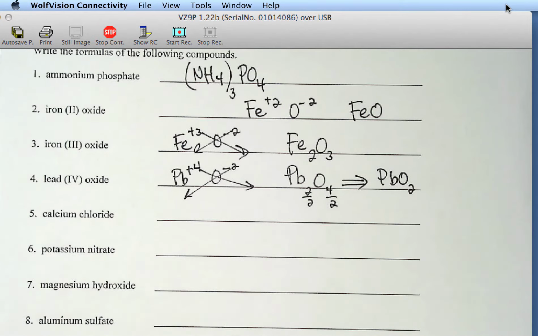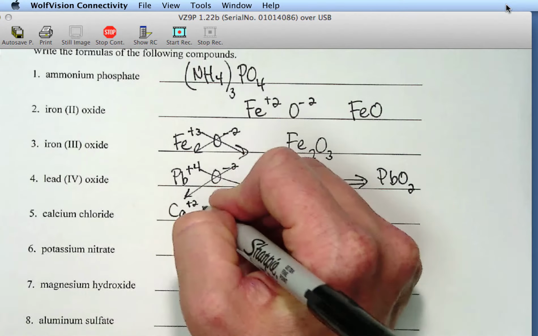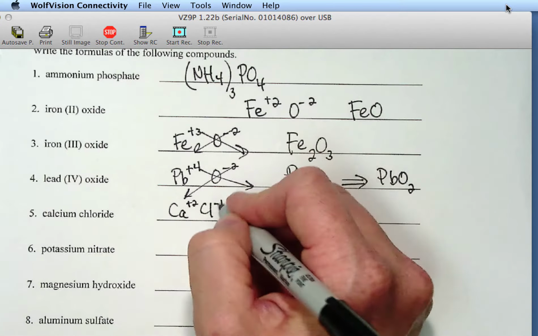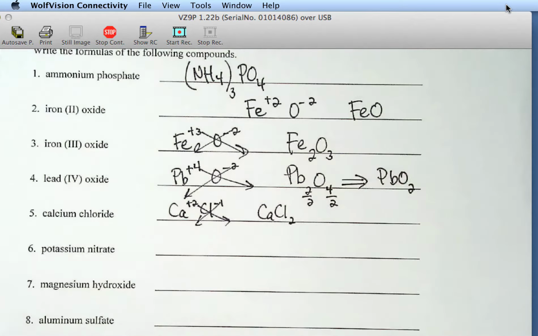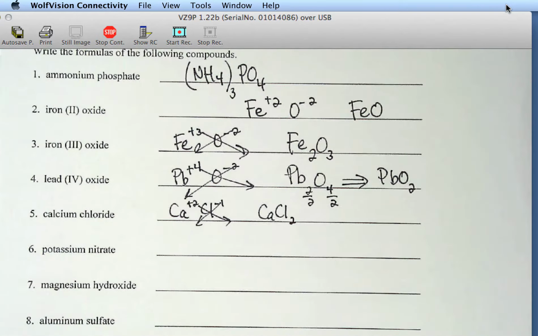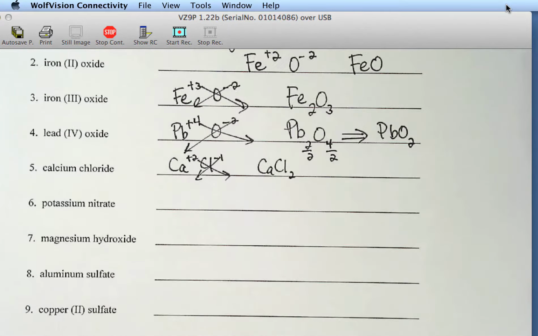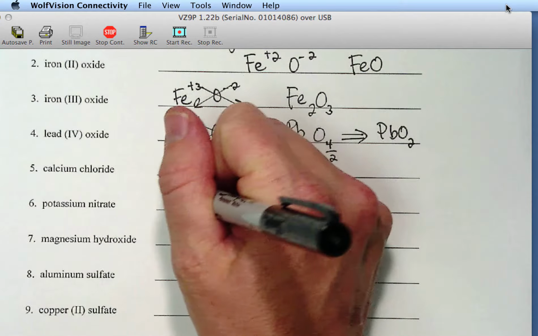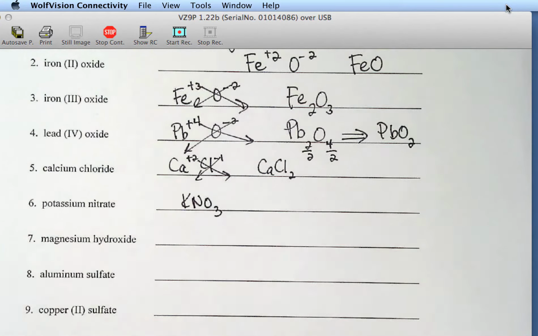All right, calcium chloride. So CaCl2. Potassium nitrate. KNO3, because potassium is +1, nitrate is -1.